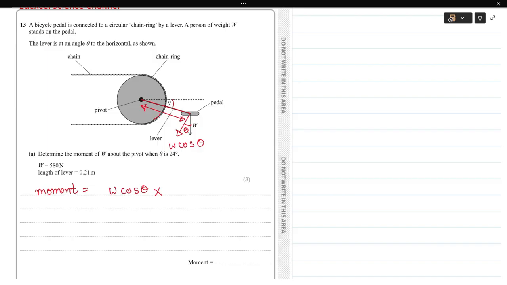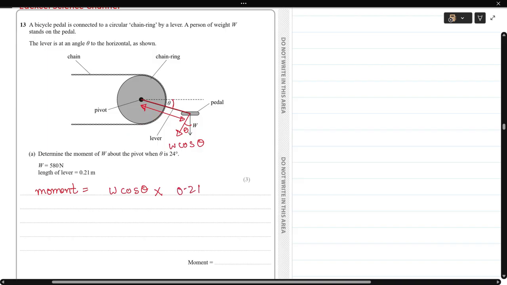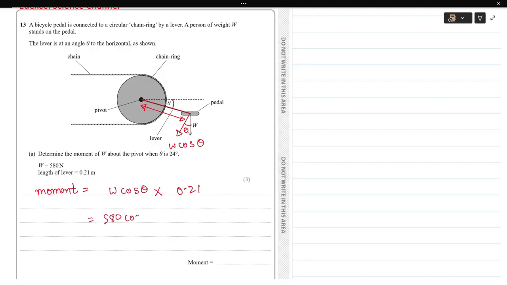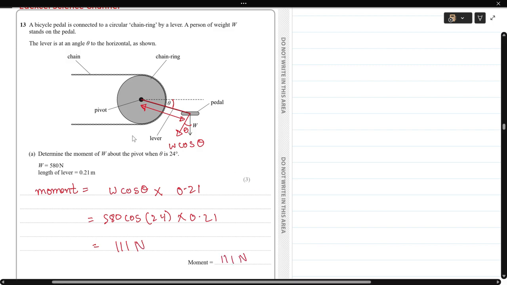And this distance is the length of the lever, which is 0.21. So 580 cos 24 times 0.21 is going to be 111 Newton meters. This question looks complicated by the diagram, but in reality it is not.